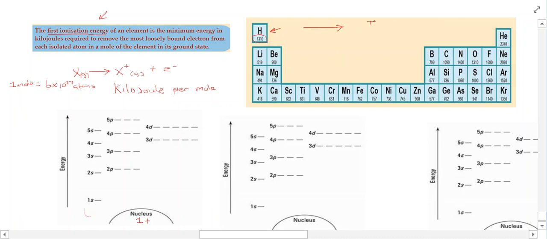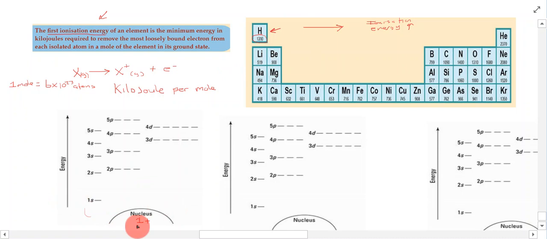So the ionization energy goes up as you move across. Now there are some exceptions to that.